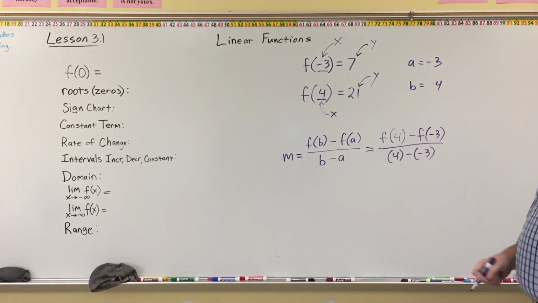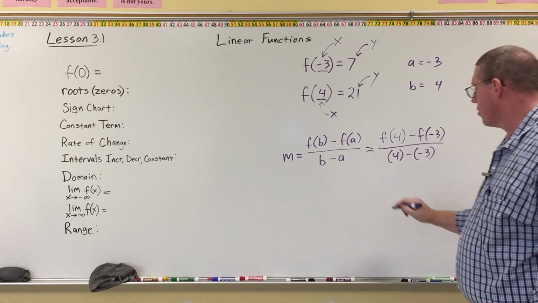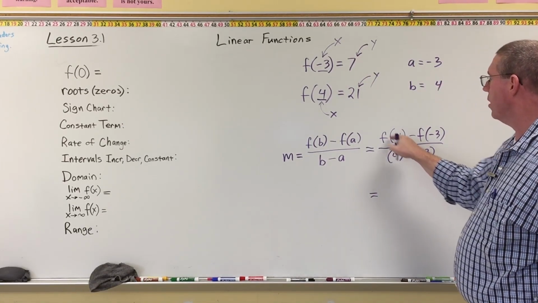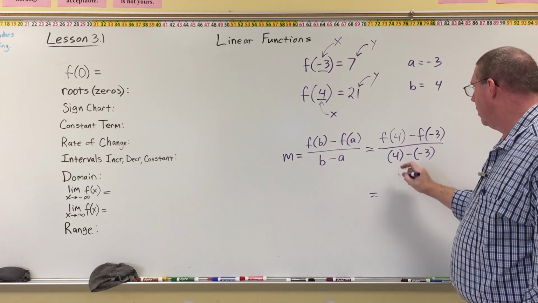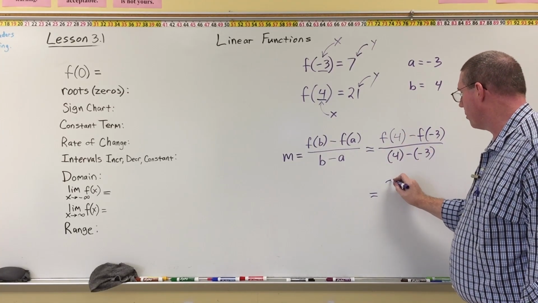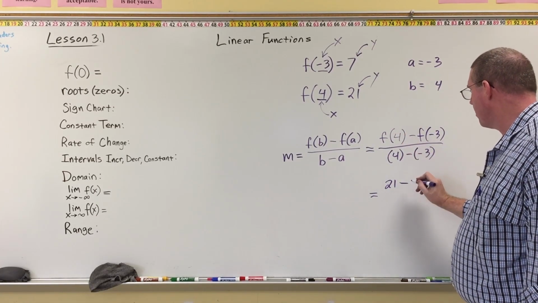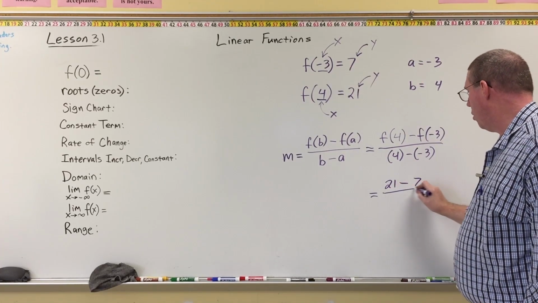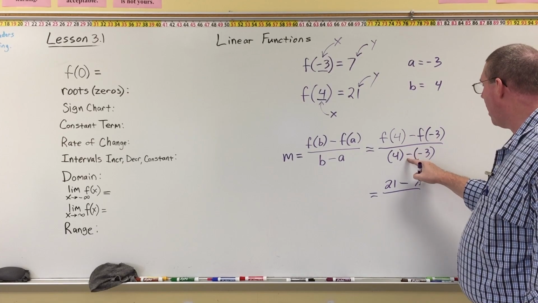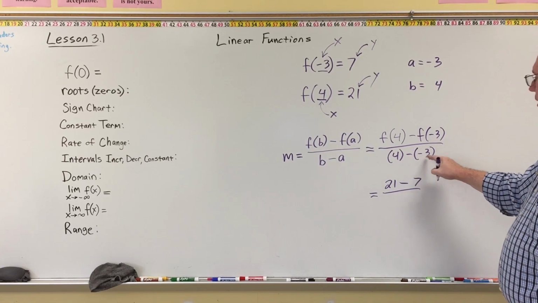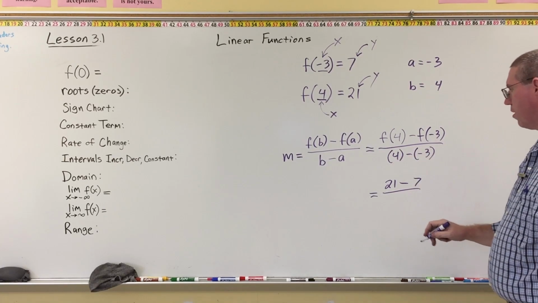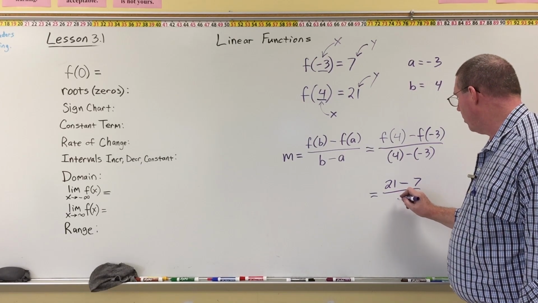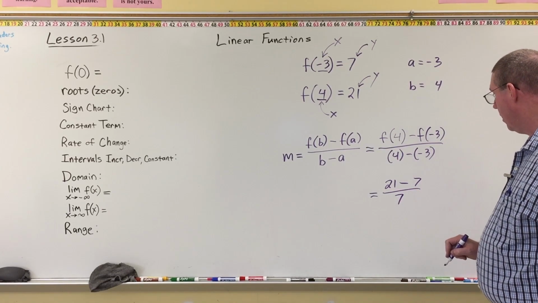So now that we have this formula, we can go one more step because we know what f of 4 is. F of 4 is 21. So in place of f of 4, we put 21, minus f of -3, which is 7, over 4 minus -3. Well, 4 minus -3 is the same thing as 4 plus 3, so in the bottom we're going to have a 7.